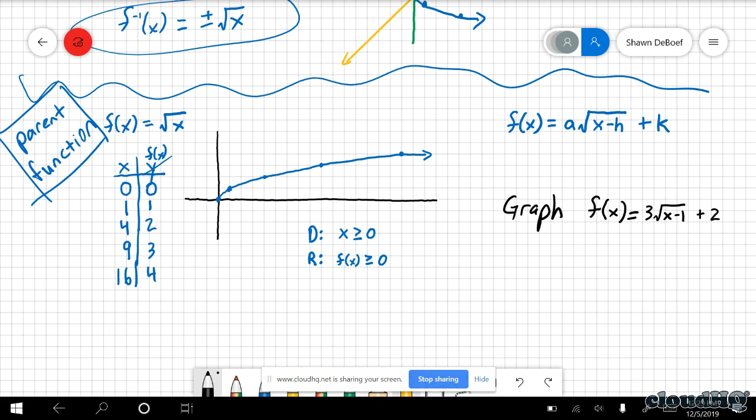Okay, we're going to graph this. f of x equals 3 square root of x minus 1, plus 2. It may be helpful to make a table of values.